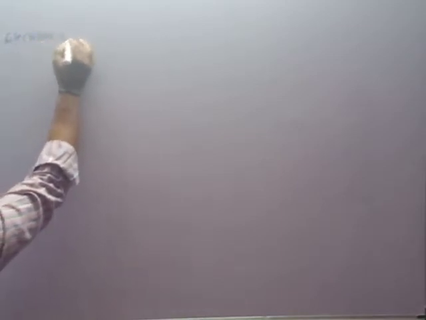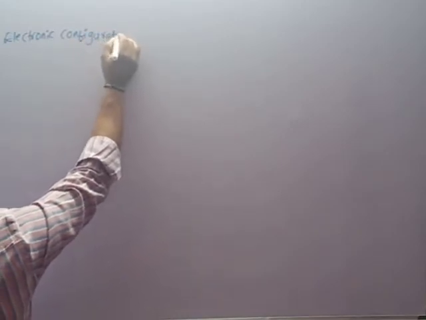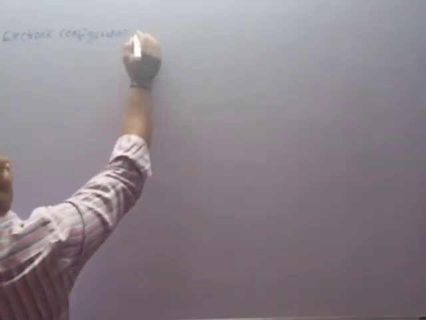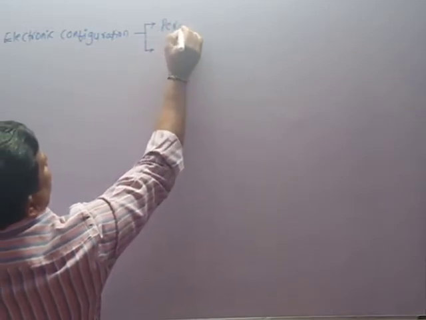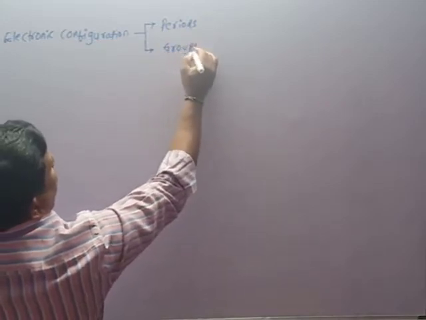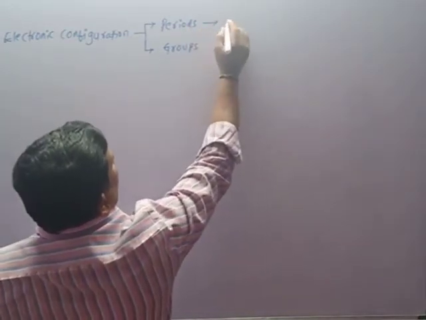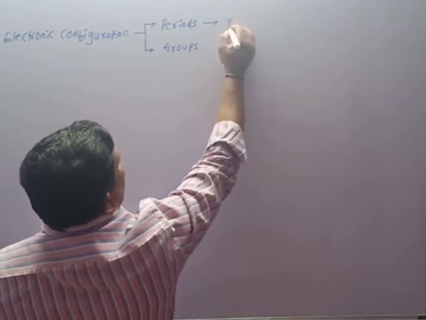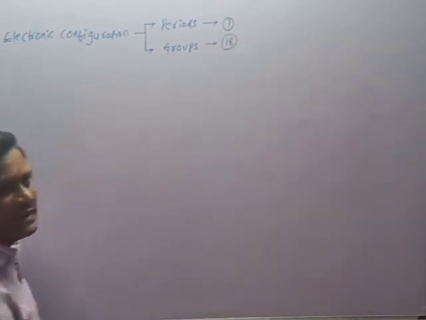Generally, the long form of the periodic table consists of 7 periods and 18 groups.